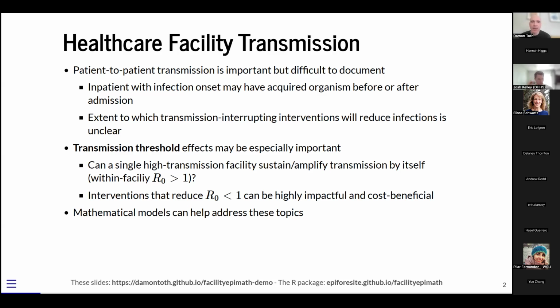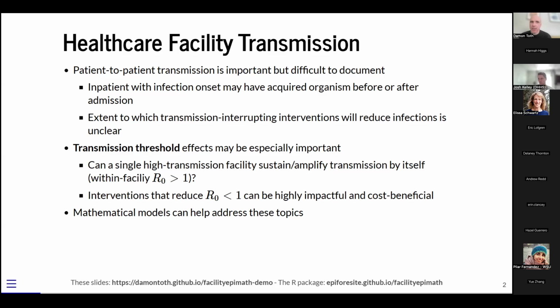We're interested in healthcare facilities transmission. We know that inpatients in hospitals and long-term care facilities transmit bugs to each other while they're there, which is an important problem. But it's difficult to document the extent to which it occurs and how it occurs.